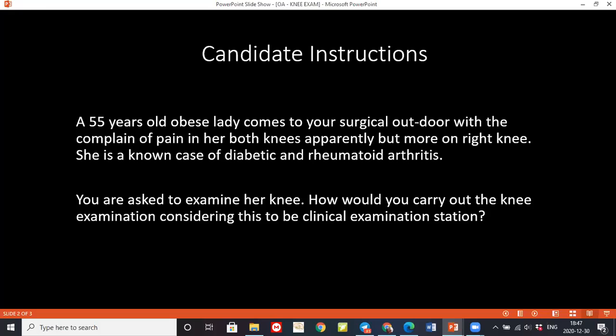Then on inspection, there's no obvious swelling and no scar, but the knee is partially deformed, mostly on the right. Then on palpation, there is presence of a knee effusion, mostly on the right, and presence of crepitus also. Yes. And the patient has a negative drawer test. Then the Lachman test also is negative.